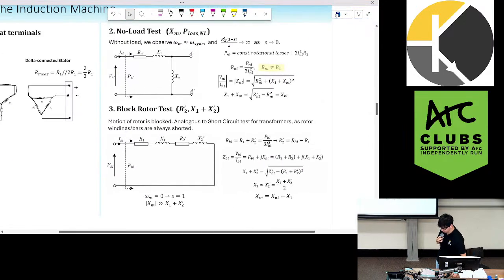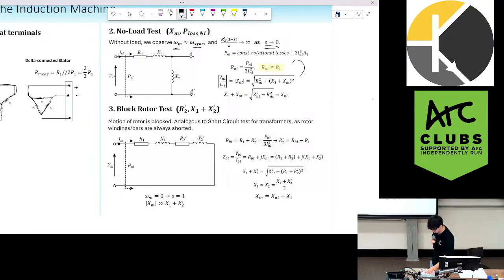Next we have our no load test and our blocked rotor test, which we use to figure out all the other parameters in our circuit. No load obviously means we don't have a load attached, which means that our secondary terminals, or our rotor terminals, will be open circuited. That would mean that roughly we have a speed which is close to the synchronous speed, which consequently means that our slip is 0.